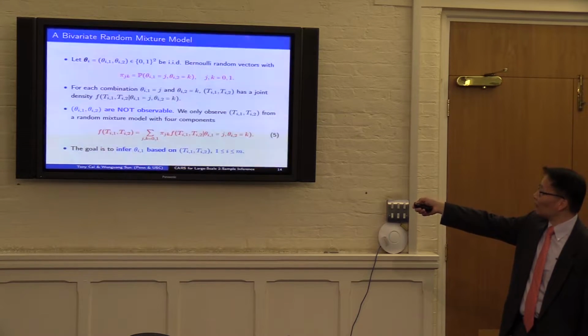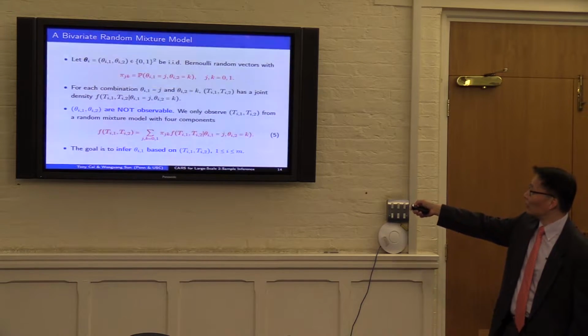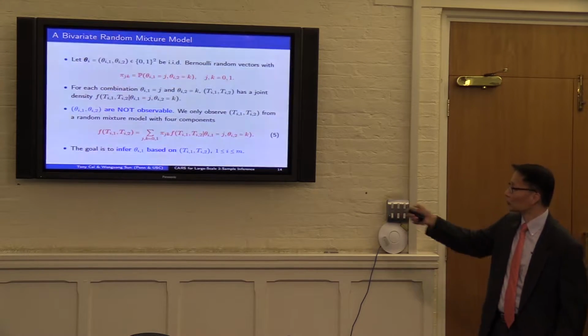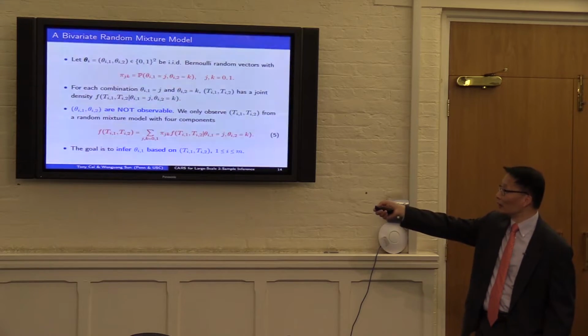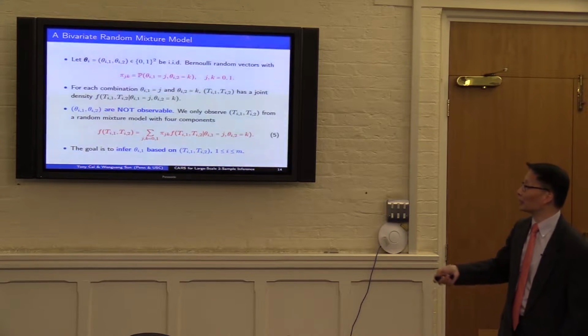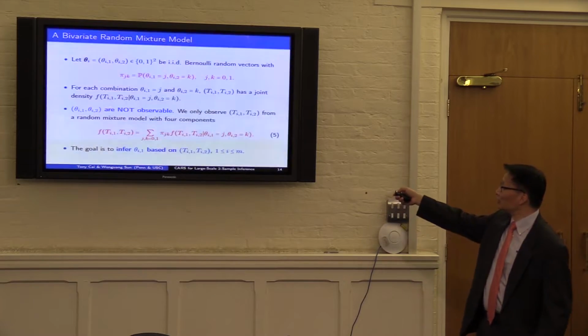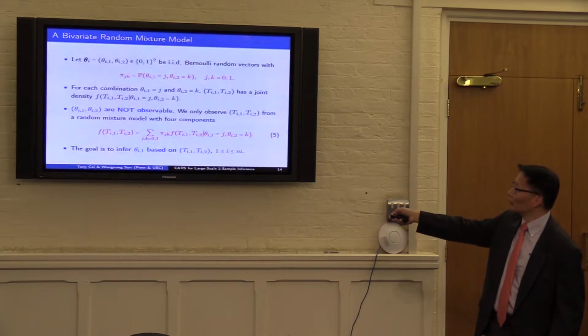And given the value of theta i1 and theta i2, T_i1 and T_i2 have a joint density. And of course, we want to know something about theta i1. But theta i1 and theta i2 are not observable. Or we can construct a T1 and T2. So we observe the test statistics, and we want to make an inference about those indicator variables.